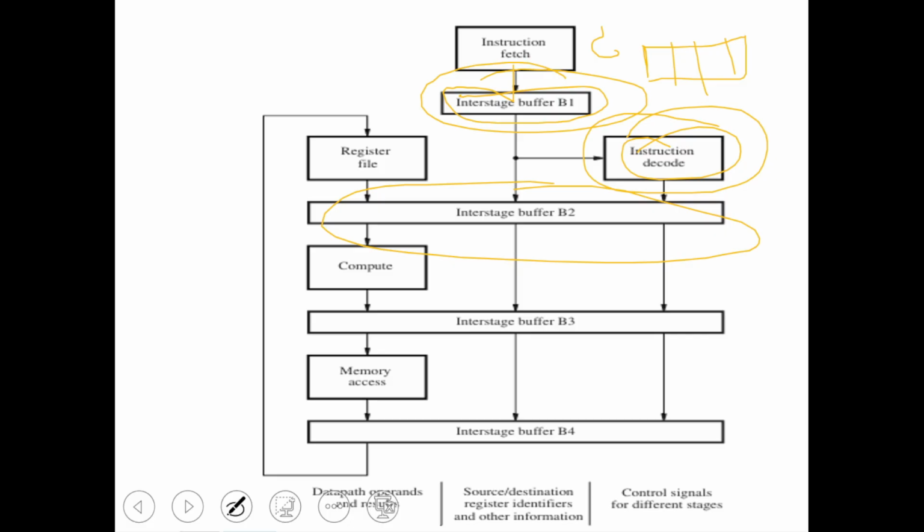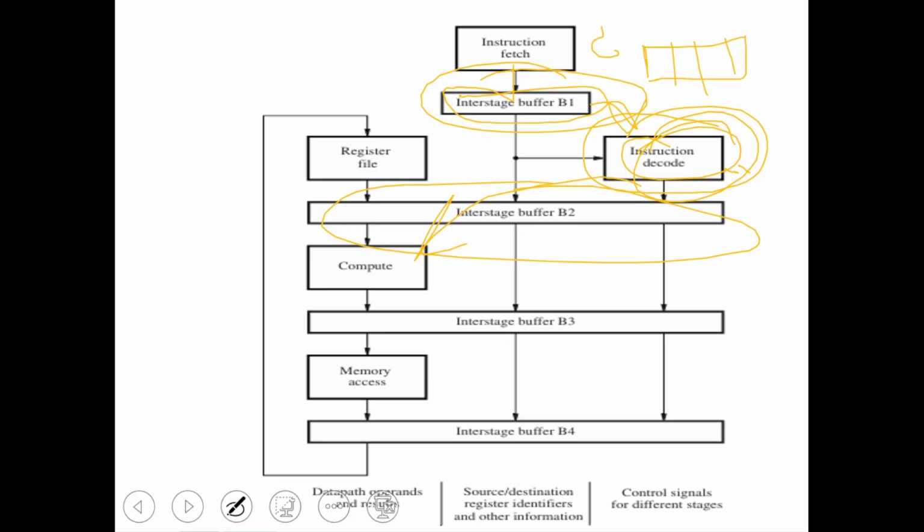Once the instruction in decode is completed and moves on to the compute stage, only then does the command from buffer B1 go to the instruction decode stage. Similarly it occurs for every stage, which is why there are interstage buffers B1, B2, B3 and B4.